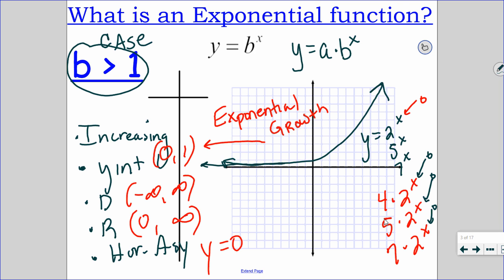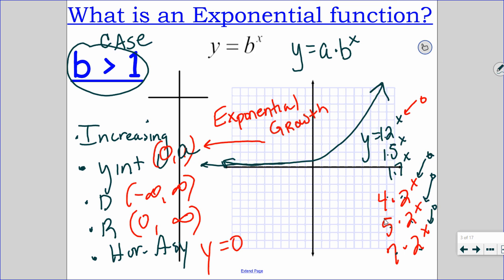Because 2 to the 0 power is always going to be 1, and 1 times whatever number that's going to be, right? So when Adam did 2 to the x, 5 to the x, 7 to the x, he said 1, because that's how I drew it, and that was my A. So my y-intercept, or my initial point, because that's what I said on the other slide, it's even better to say that it's (0, A).